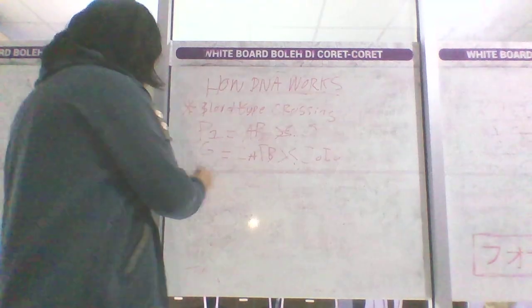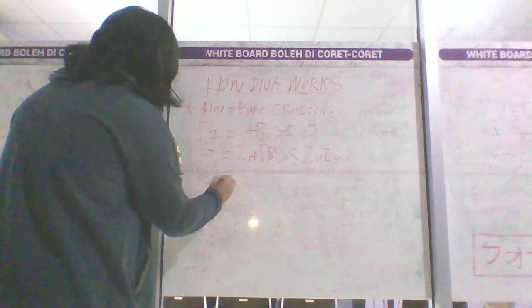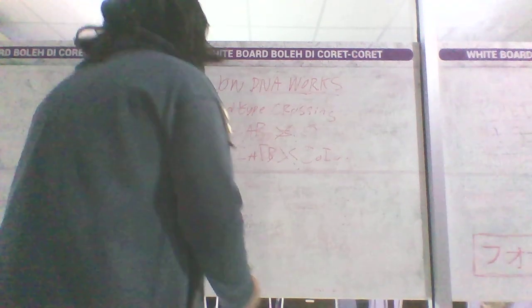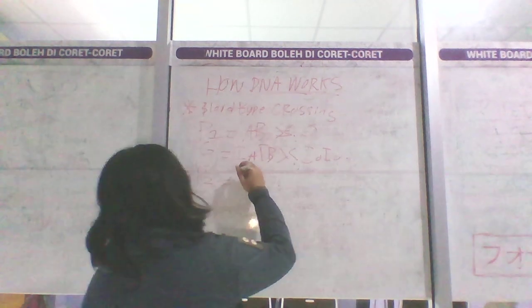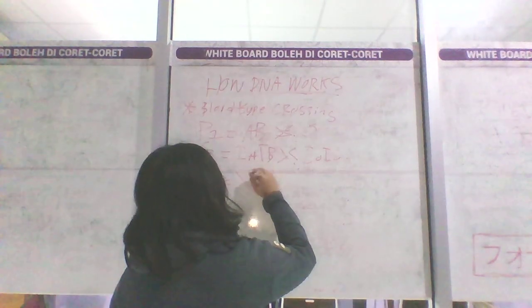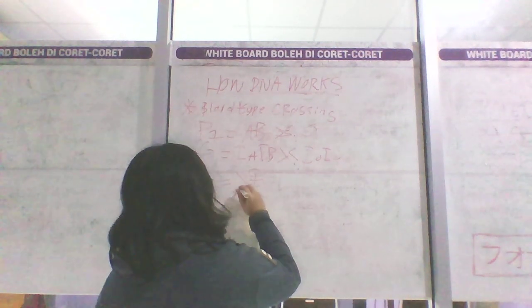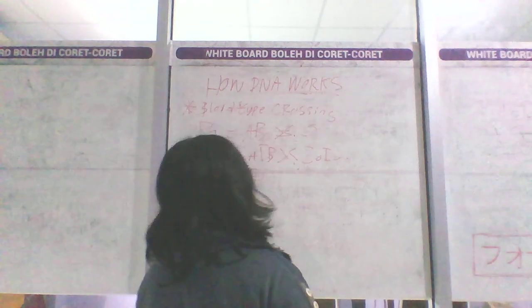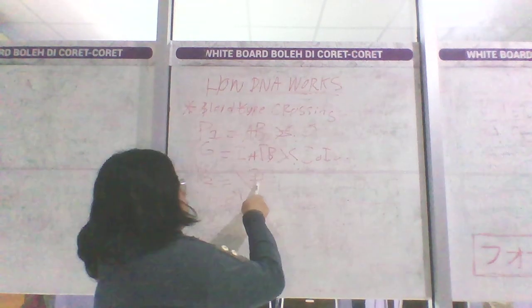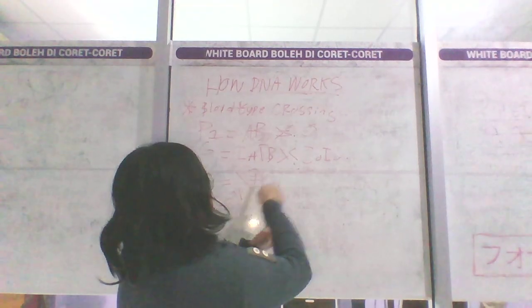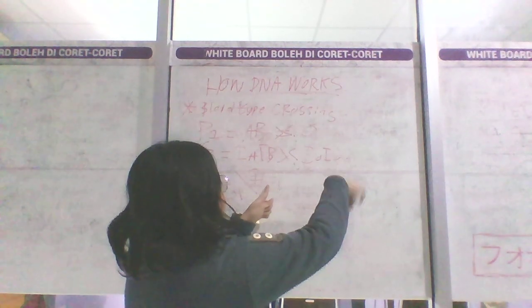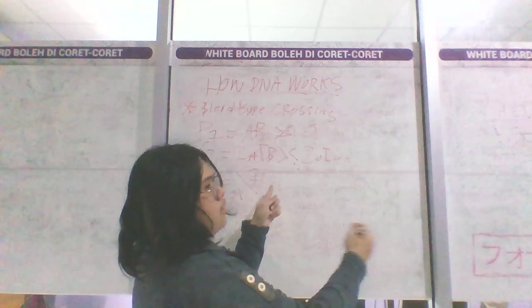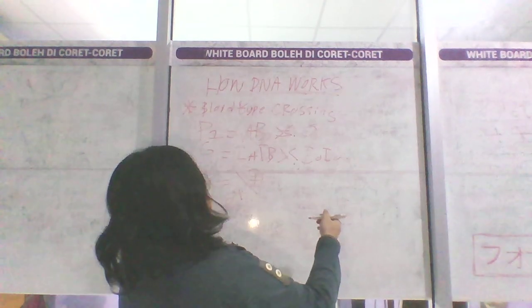Now next we enter the P2, the parental 2. So this one, the female, we cross with the male gametes from before.